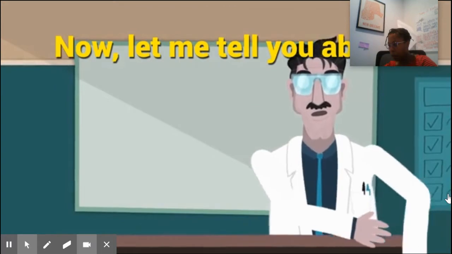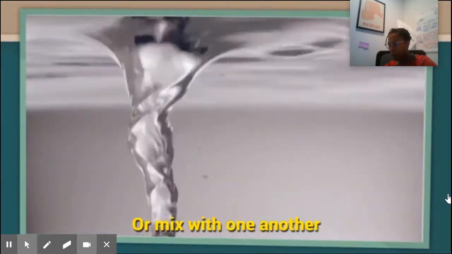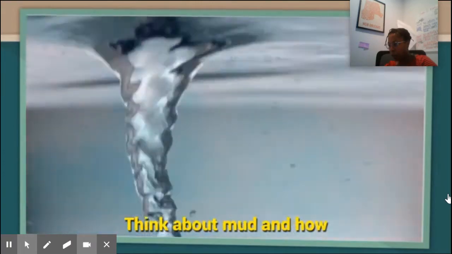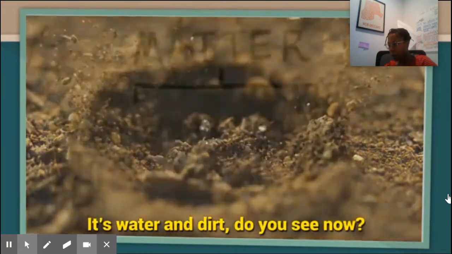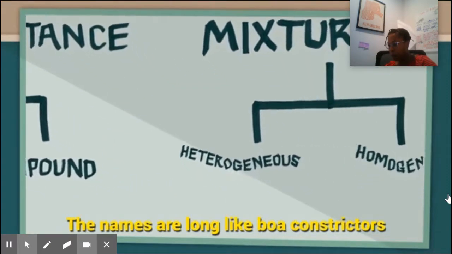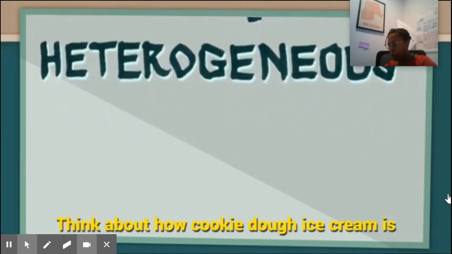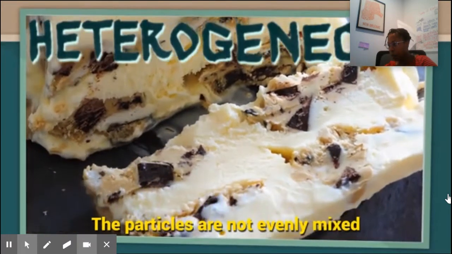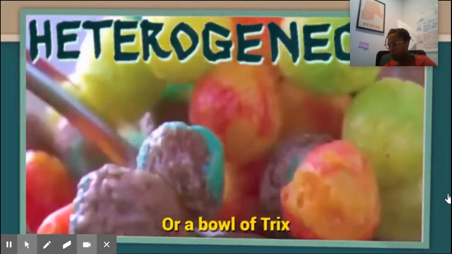Now let me tell you about solids, gases, liquids. They can mix with themselves or mix with one another. Think about mud and how it's water and dirt. Do you see now? There's two types of mixtures. The names are long like boa constrictors. The first is heterogeneous. Think about how cookie dough ice cream is. The particles are not evenly mixed like trail mix or a bowl of tricks.